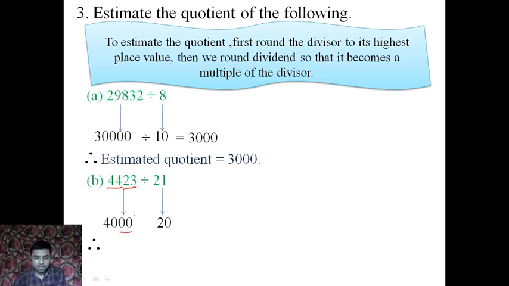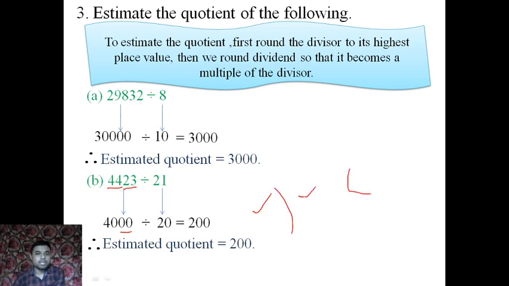Is it clear? Now do the division. You already learned these types of division. Cut the zeros, and 2 twos are 4 and 2 0. So write the estimated quotient equal to this. The division you can also do by the traditional method: here write the divisor, here write the dividend, and here write the quotient.